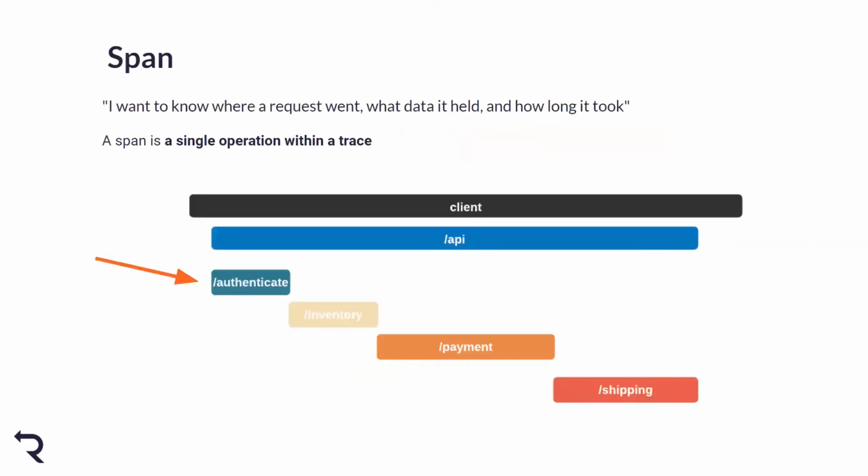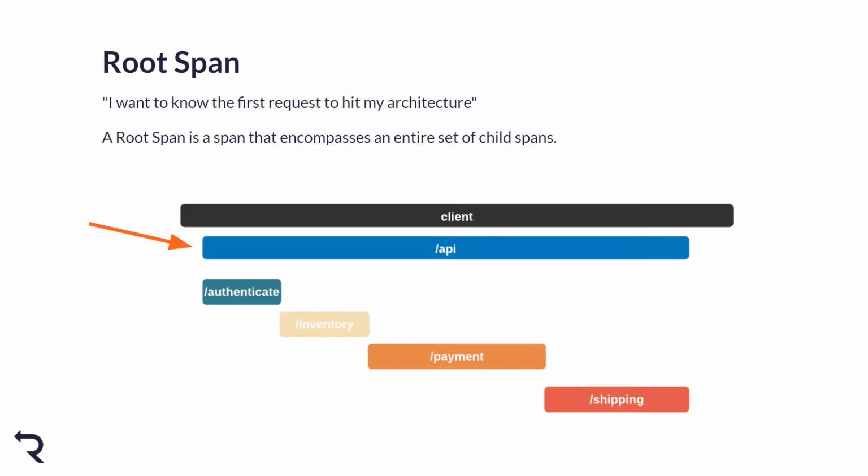Now let's introduce some vocabulary that we'll be using a lot later. So a span is a single operation within a trace. In this case, you can see the arrow is pointing at the authenticate span, after which is the inventory span, payment span, shipping span. This tells you where the request went, what data it held, and how long it took by the length of the span. The root span is the first span. It's the parent of all these child spans.